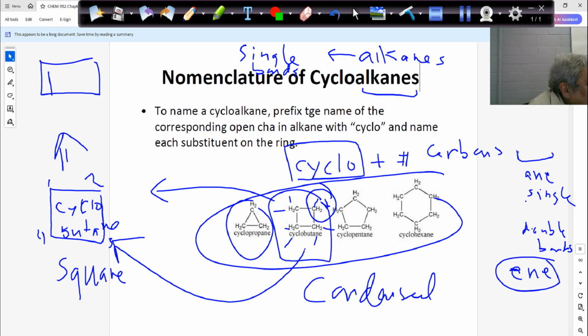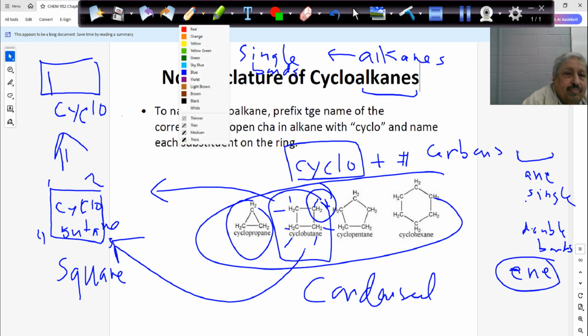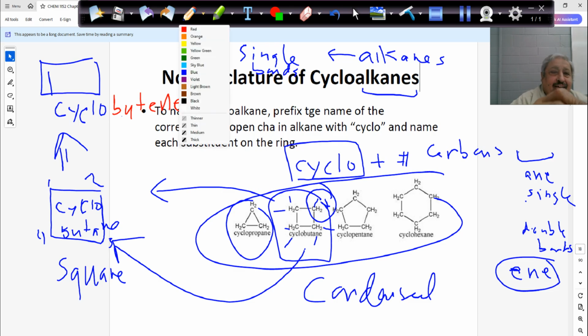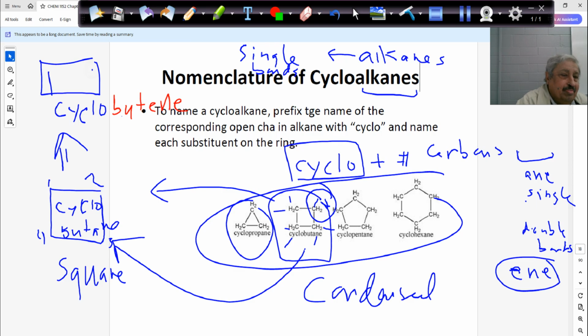Okay, guys, what will the name of this be? Cycloalkenes, so cyclobutene. That's 4 carbons. So cyclo, then butene.